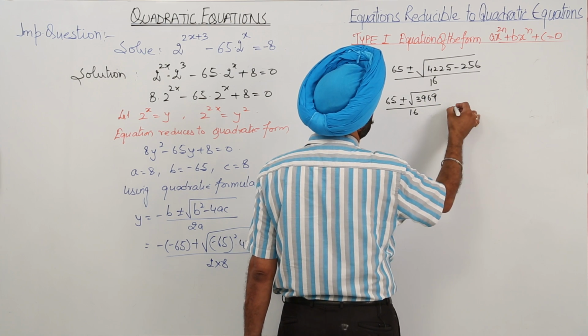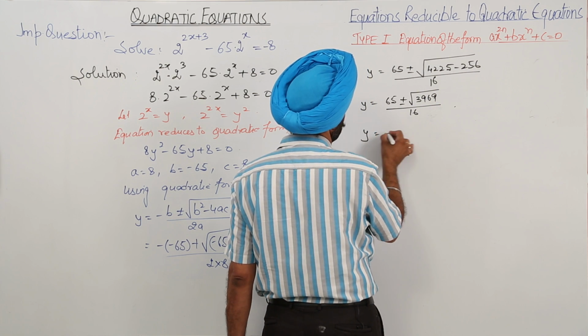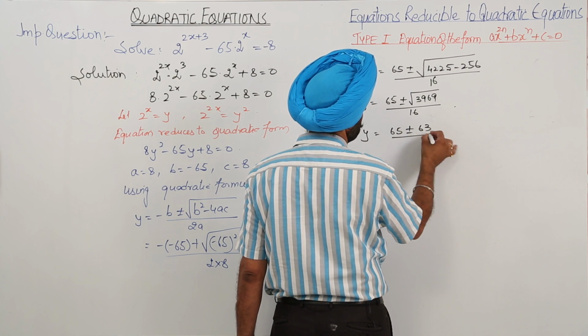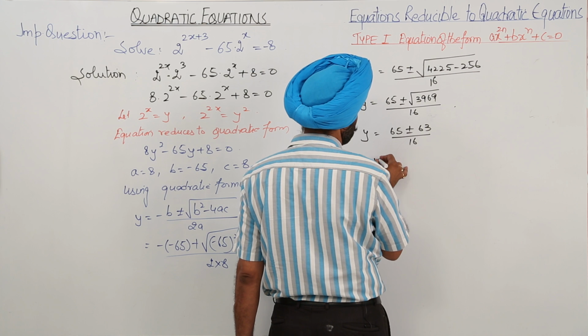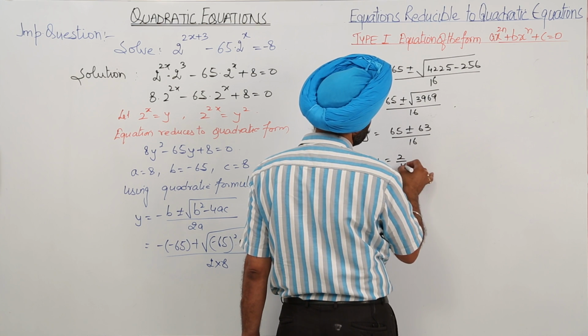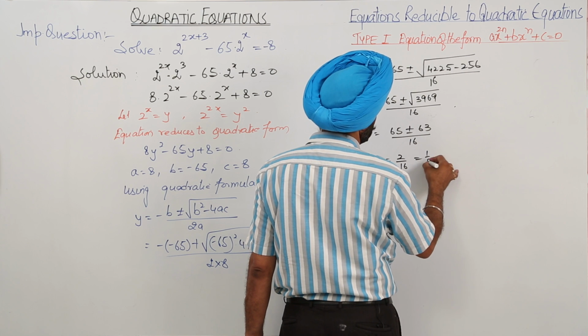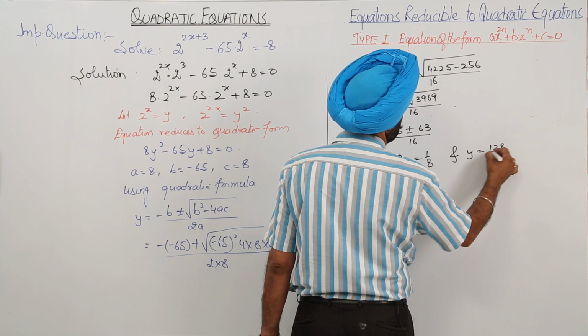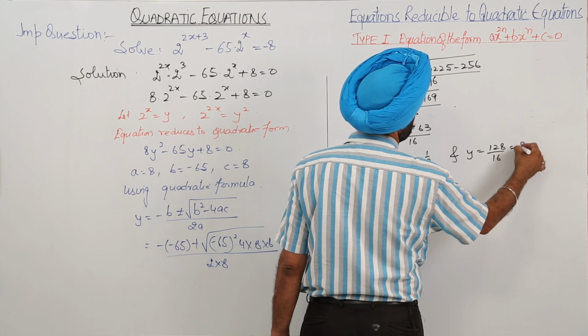So y is equal to 65 plus minus 63 upon 16. Y is equal to 2 upon 16, that is 1 upon 8, and y is 128 upon 16, that is 8.